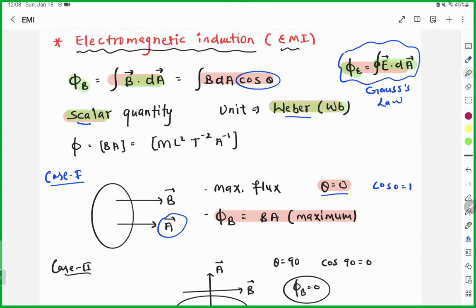If the magnetic flux unit is Weber, what will be the unit of magnetic field using Weber? So Tesla meter square. In the form of Weber. I don't understand the question, sir.